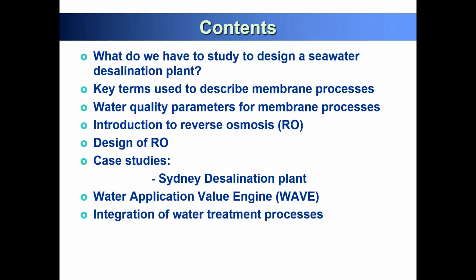You have to understand what water quality parameters will lead to a different selection of technologies or processes. So we have to make sure of all the water quality parameters. And reverse osmosis.